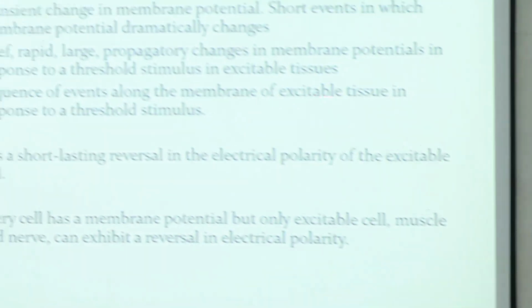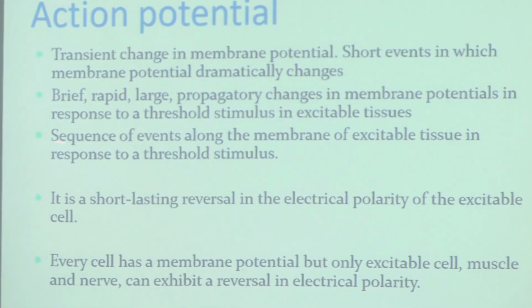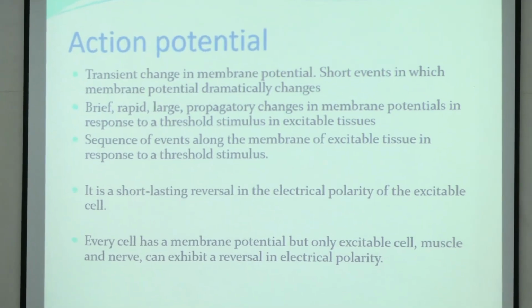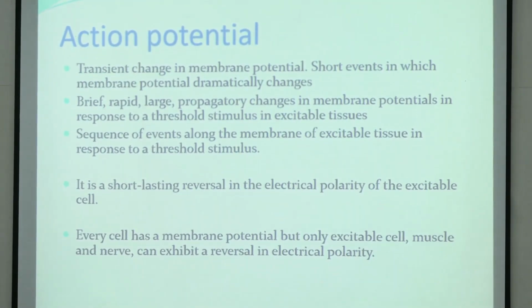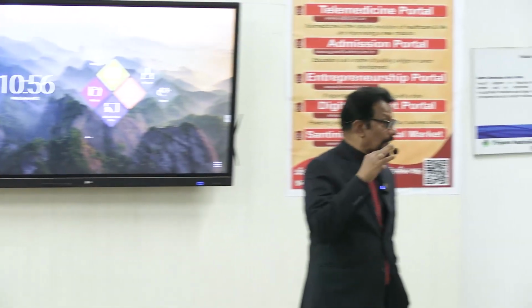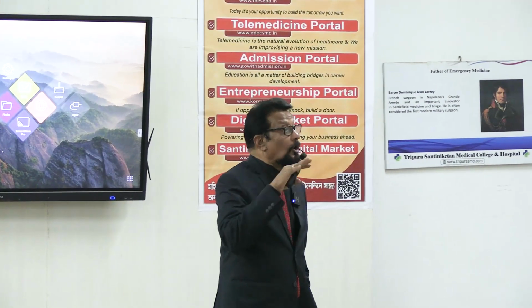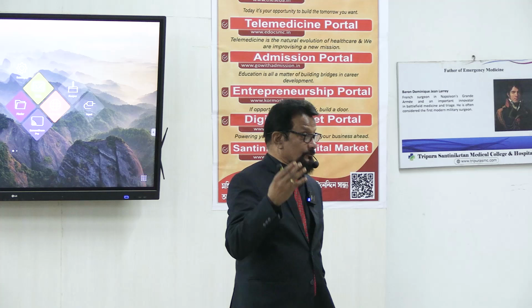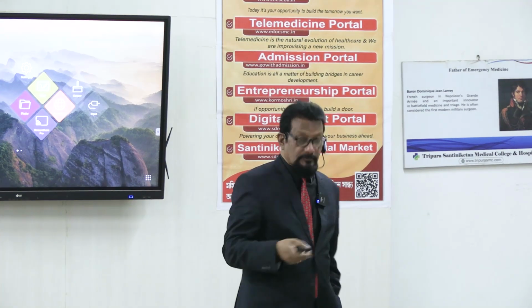It is also called a sequence of events along the membrane of excitable tissue in response to a threshold stimulus. You learned that. If it is sub-threshold, no action potential will be developed. So it must be at least of threshold value or of suprathreshold strength.